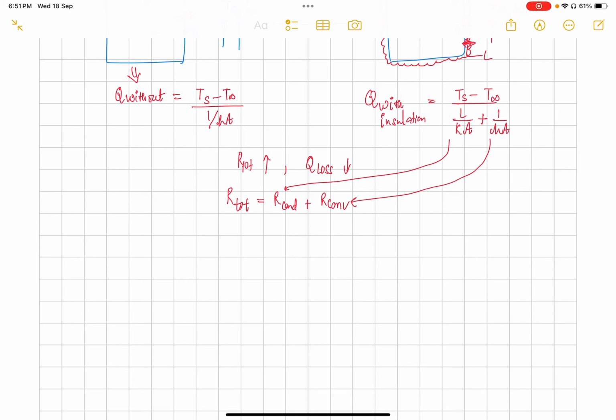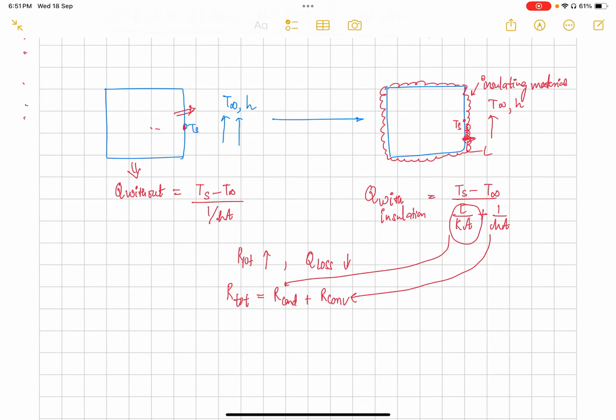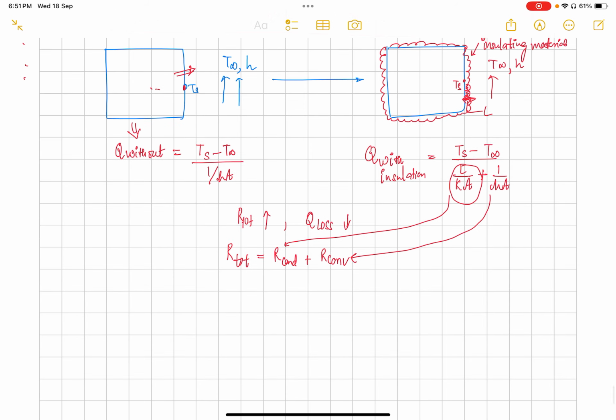Due to the insulation having a low k value, meaning low thermal conductivity, the conductive resistance always increases because k is in the denominator.